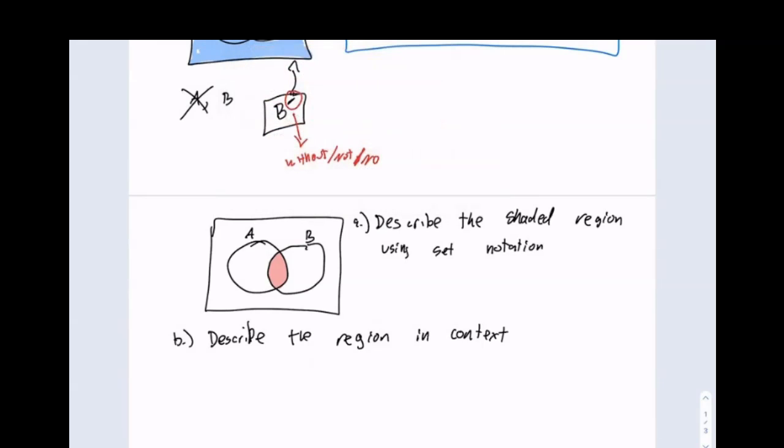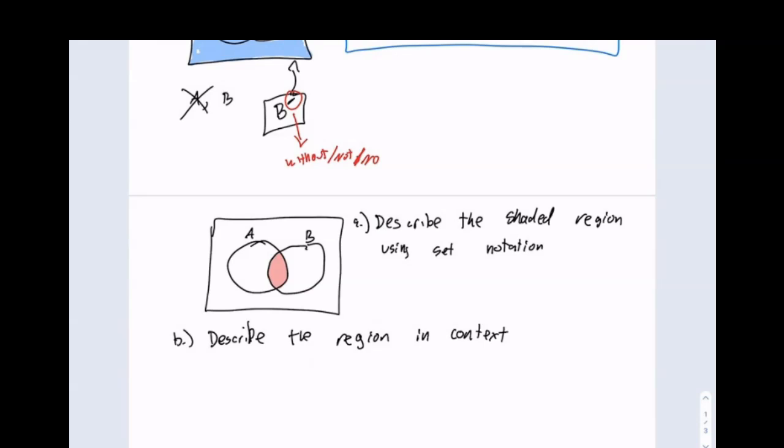So how many regions are shaded? Just one. And if it's just one region, we know for certain that it's what type of problem? What is the vocabulary? What is the symbol?